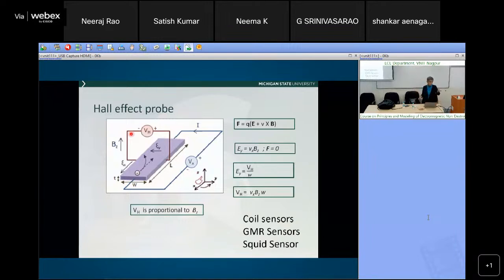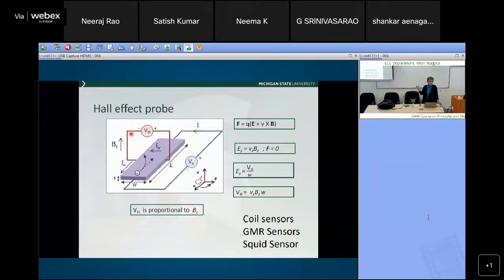You can also use a simple coil sensor, but a coil sensor will be useful if you have a time varying field, because voltage is then induced in it. Or you can use GMR sensors, which are much more sensitive than Hall voltage sensors. And recently you also have TMR sensors, which are tunneling magnetoresistive sensors.